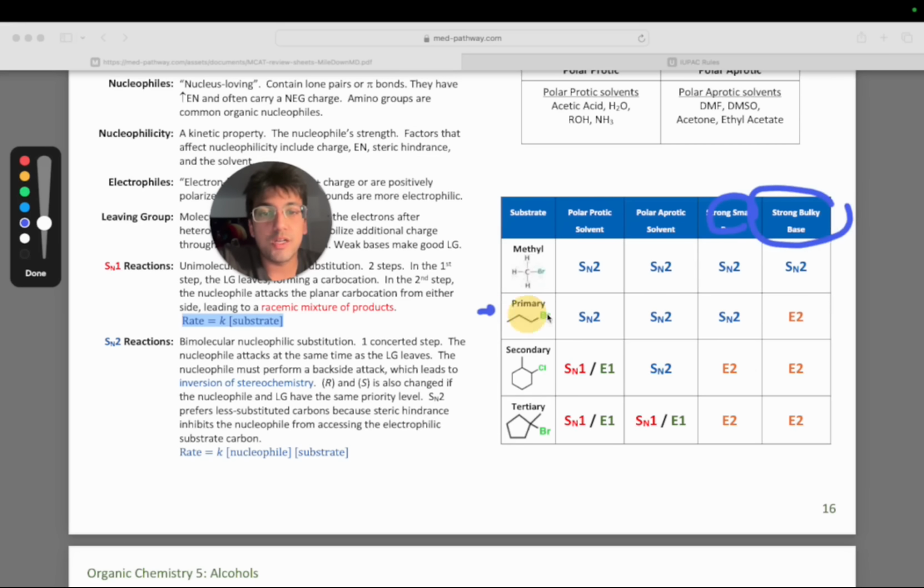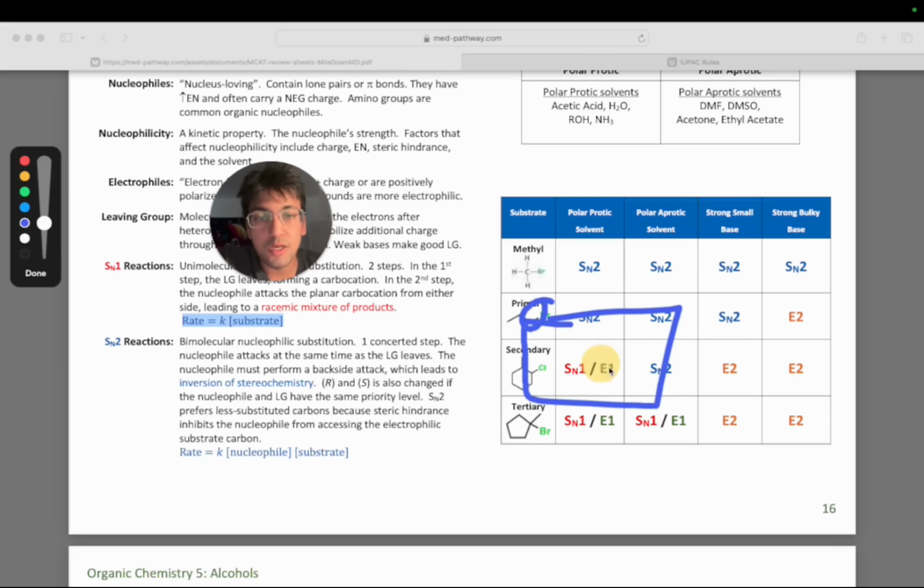Now we have primary, and it's almost the same thing, but with a strong bulky base, let's say a really big nucleophile replacing this bromine. This carbon might not actually want to be attached to a really bulky base in replacement of this bromide.